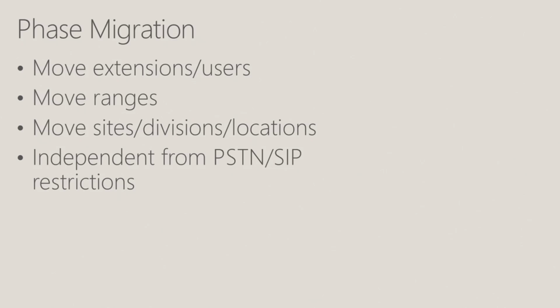It is independent from any PSTN or SIP restrictions on your legacy system. And you can do it at your own pace. Slowly at first, but once you get used to it, once you're confident that things are working, you can speed up the process.